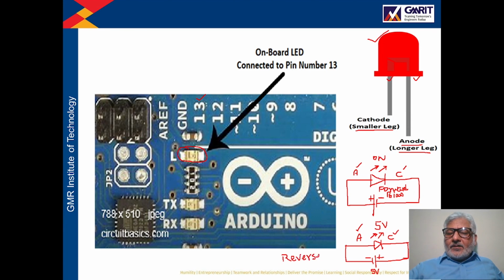And once the LED is reverse biased, your LED is off, and the LED will not emit any light, right? So to make the LED on, you have to make the LED in forward bias condition, and to turn off the LED we have to connect the LED in a reverse bias condition. Okay.